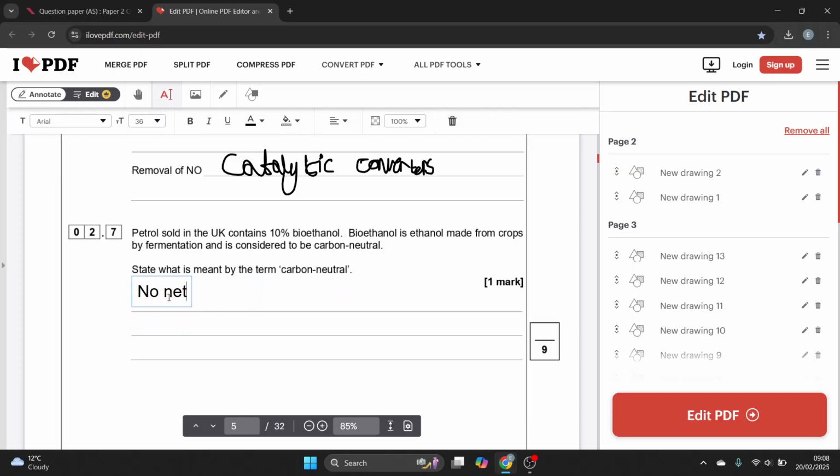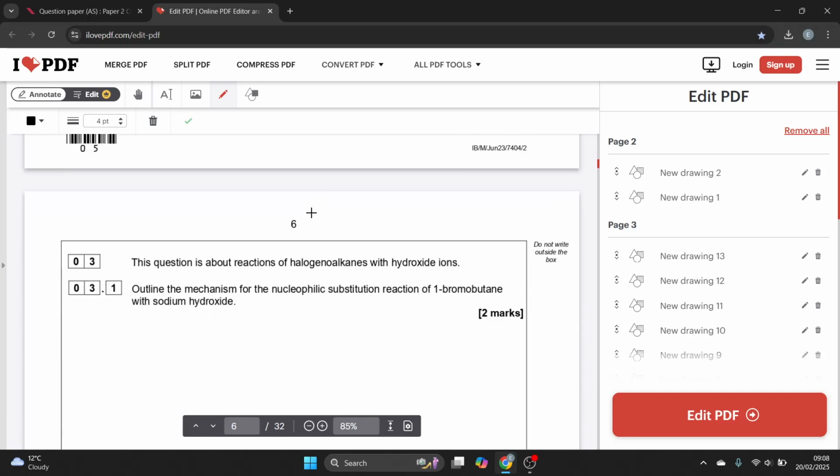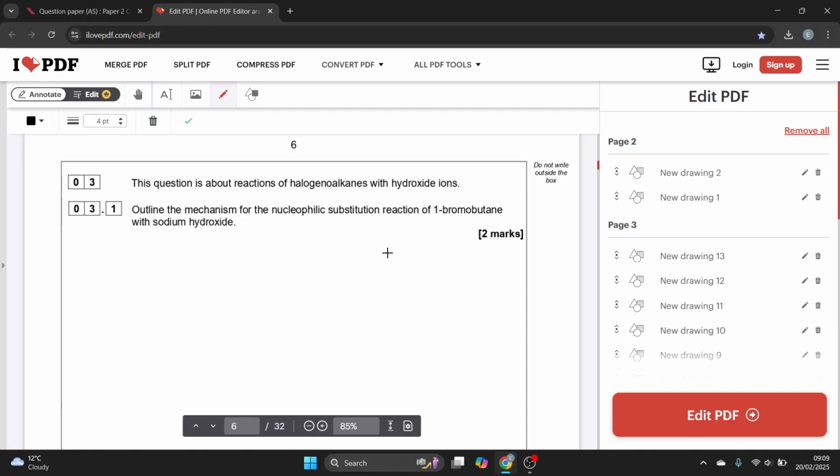There's no net emissions of carbon dioxide to the atmosphere. And the mechanism for nucleophilic substitution of 1-bromobutane with sodium hydroxide.